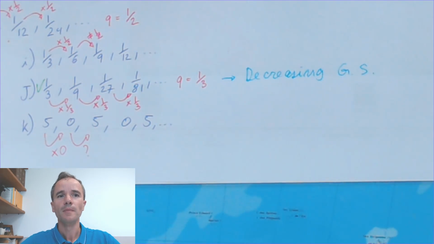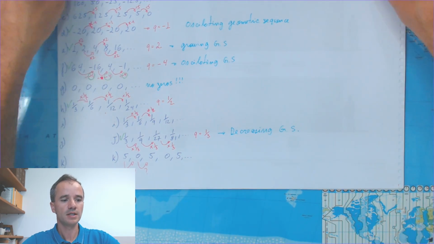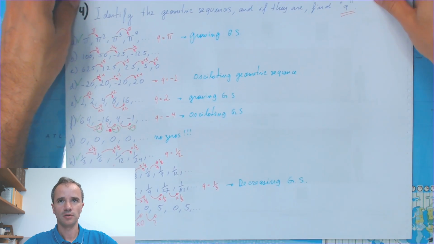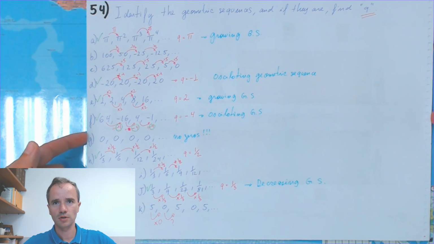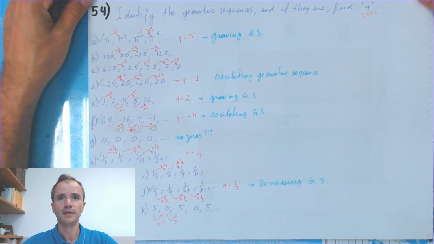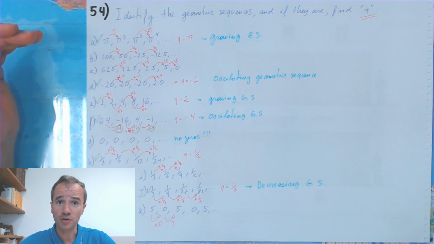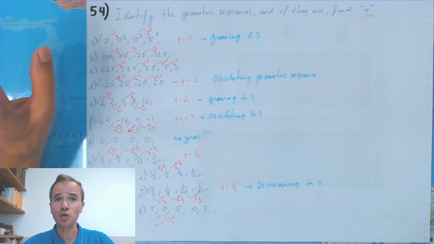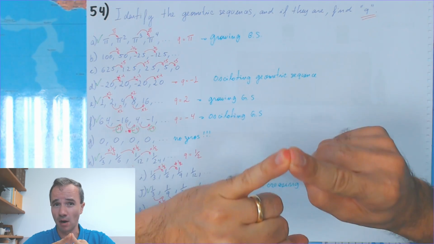Well, let's get back to our initial paper. So this is the exercise we have made in this class. Now, I hope that doing those exercises it has become very clear that first the common ratio must be constant.